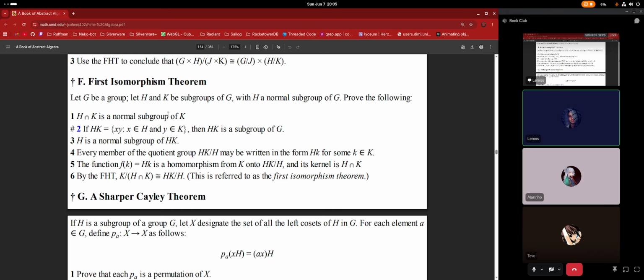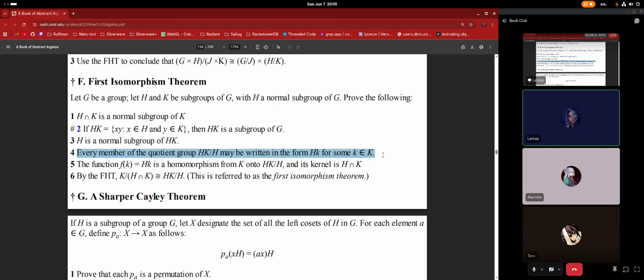Every member of the quotient group HK by H may be written in the form kH for some k in K. So every member of the quotient group. So you are essentially grabbing the product and factorizing out the H members. And that can be written in this form. Yeah, this is also very fine, right? That's just the definition of a quotient group.